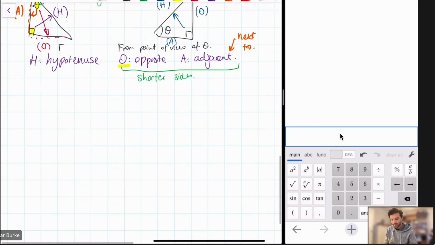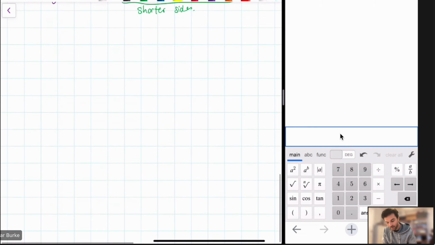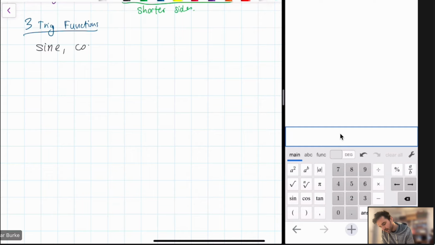Let's move on. We're going to be looking at the three trig functions. So we've got sine, cosine, and tangent. Okay, now these three trig functions, they're chosen based on what situation you have.